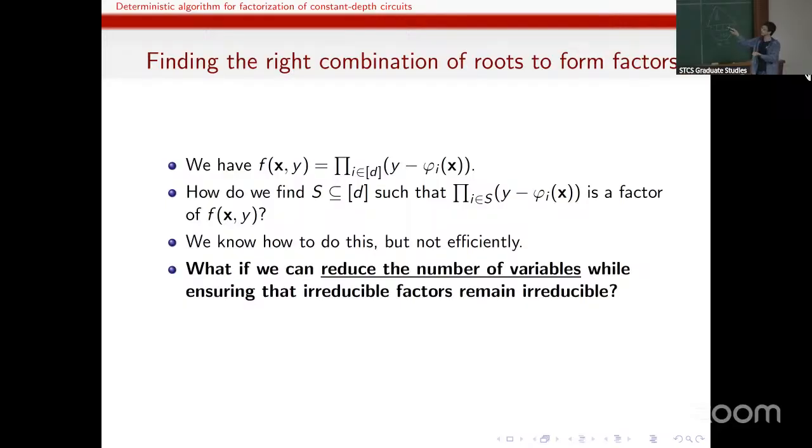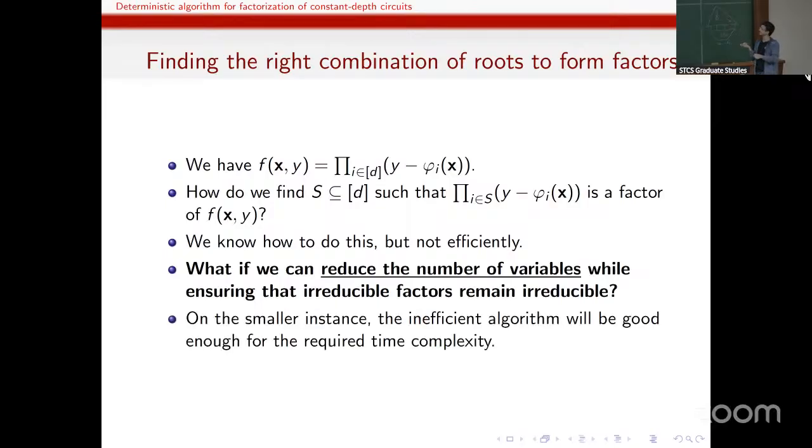What we are trying to say is, instead of non-zeroness, can I somehow reduce the number of variables while maintaining the factorization pattern itself? Because that's really what I'm trying to capture by saying which are the right roots to combine. Now, if I can do that, then I can use even an inefficient algorithm to obtain what the right combinations are.